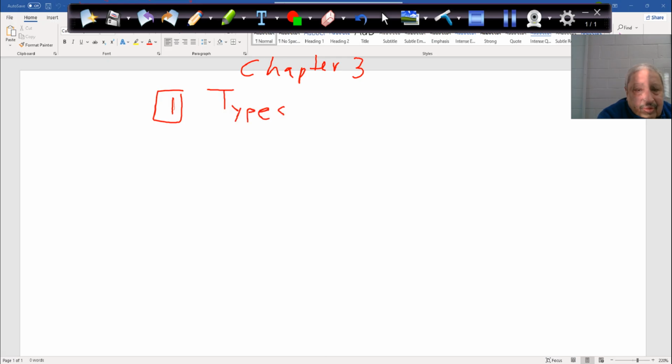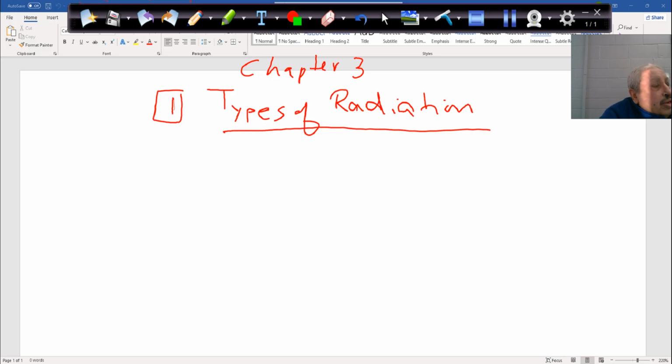Types of radiation. This is very important. And as we covered that online, we have a couple of those. We have alpha, beta, gamma, correct?